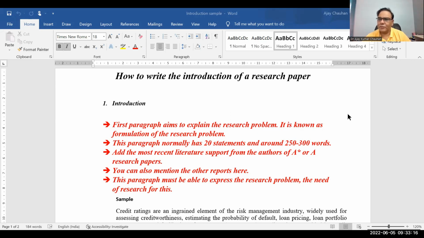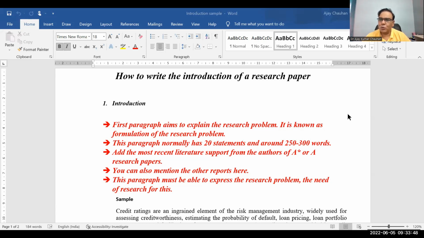I attended one of the faculty development programs, and the speaker was the editor of a category journal. So we asked him, on what basis do you select a paper and reject a paper? So he told us that the most important concept in a paper is the research problem.